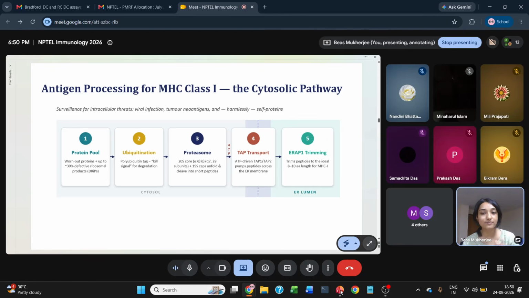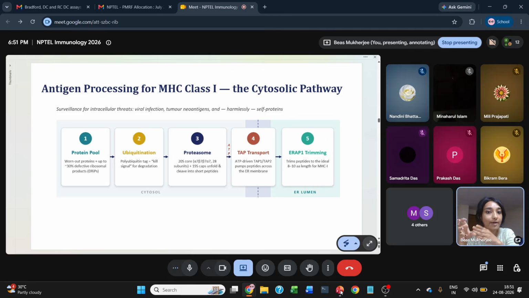The proteasome is having these subunits which are heptameric. So there are 7 alpha, then 7 beta, again 7 beta and 7 alpha. So basically 28 subunits are there, and this also has the catalytic core. And then these unfold and cleave the proteins into shorter peptides, and then TAP is helping it.